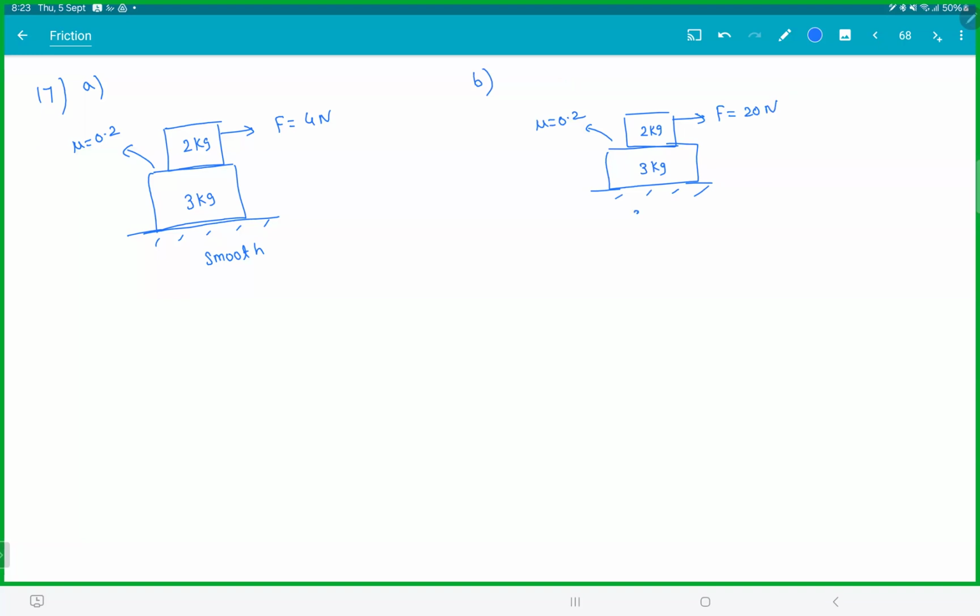The question is, the ground is smooth. Find the acceleration of the blocks. Find the max F so that the blocks don't slip. Let's get this.